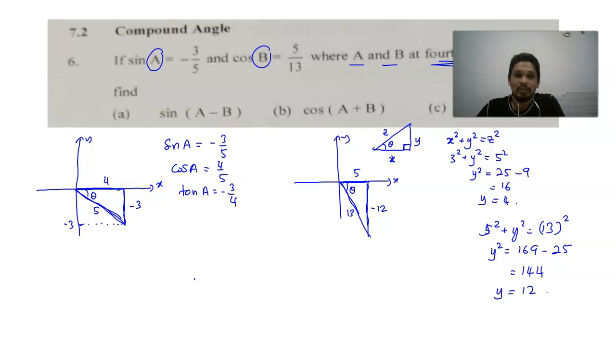So both of the triangles lie in the fourth quadrant. Now let's list down everything here. Cos B equal to 5 over 13. Sine B equal to opposite negative 12 divided by 13. And tangent B equal to opposite negative 12 divided by adjacent, which is 5.